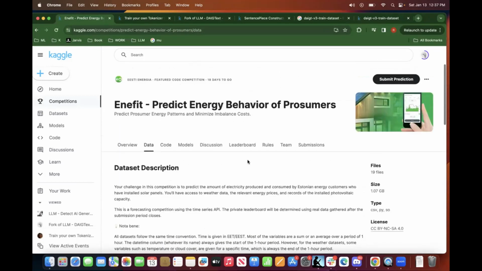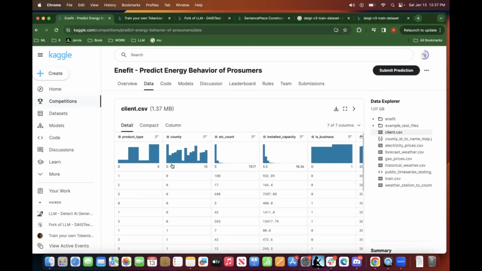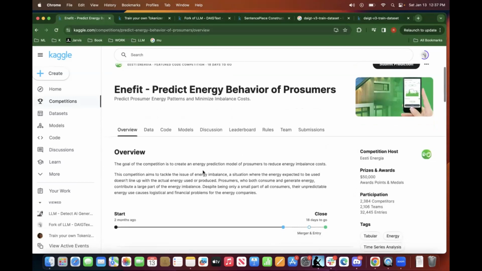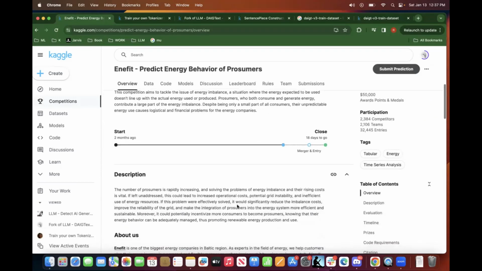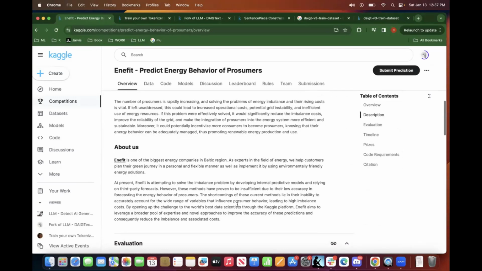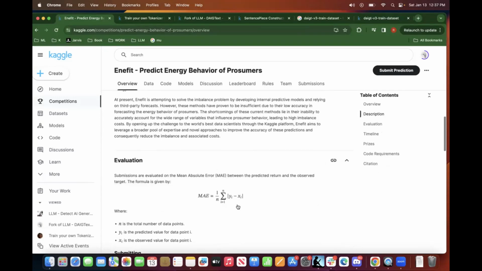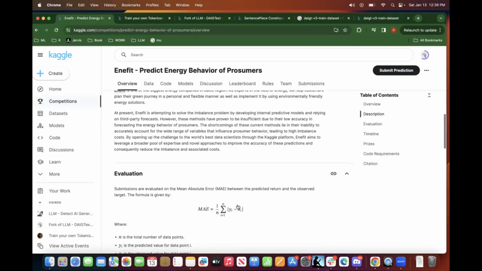It would end when it ends. This ends in just like 18 days. But it's not unlike the Optiver one. I don't think it takes that long. I don't remember what they say, but I think it is not an ongoing one.